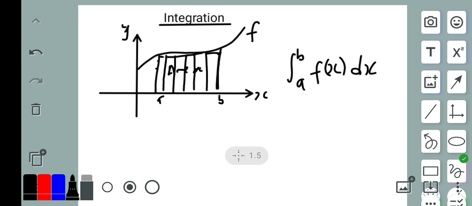Rectangle A, rectangle B, rectangle C, D, E, F. When we find the sum of the rectangles, we will be able to arrive at the area of the shape. Are you getting the logic now?